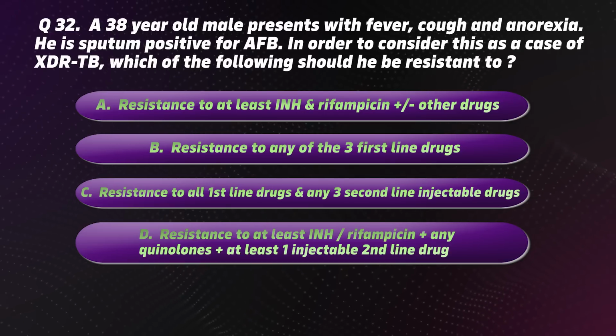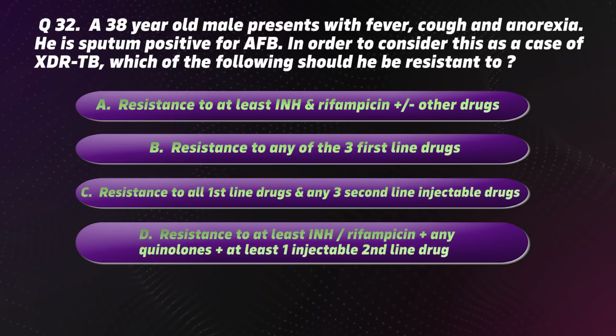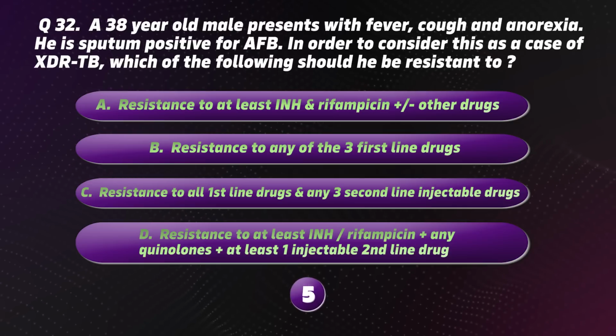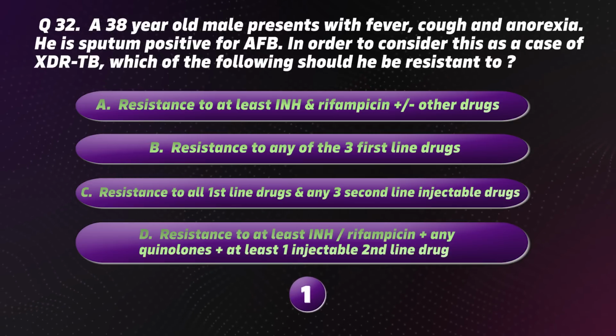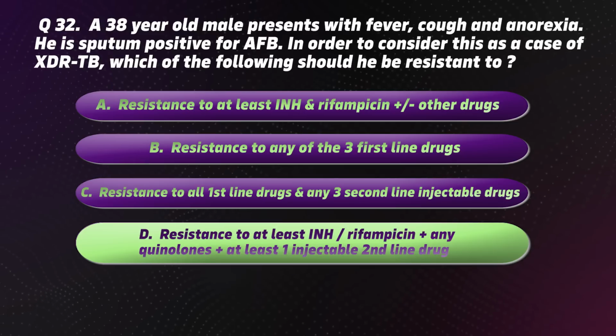C. Resistance to all first-line drugs and any 3 second-line injectable drugs. D. Resistance to at least INH rifampicin plus any quinolones plus at least 1 injectable second-line drug. And the correct option is D. Resistance to at least INH rifampicin plus any quinolones plus at least 1 injectable second-line drug.